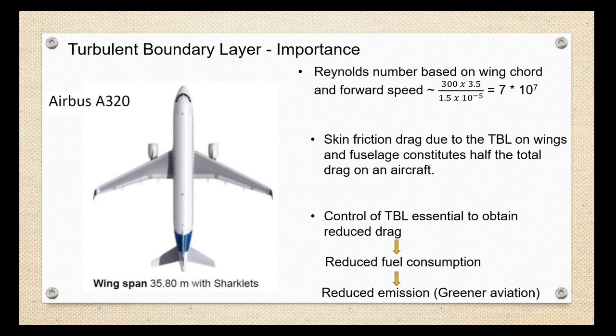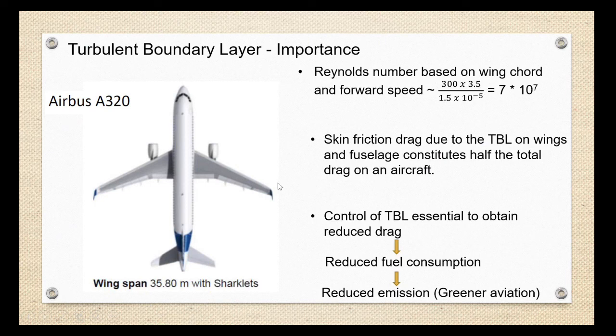And if you look at most of the technological applications, especially in aeronautics, the flying vehicles, then if you calculate the Reynolds number based on the wing chord, which is this distance, let's say mean wing chord, and I've chosen a typical Airbus 320 aircraft here, you get Reynolds numbers of the order of 10 to the power 7. And Reynolds number is a typical parameter characterizing the switch from laminar to turbulent flows. So low Reynolds number, you are likely to find laminar flow, high Reynolds numbers, turbulent flow.